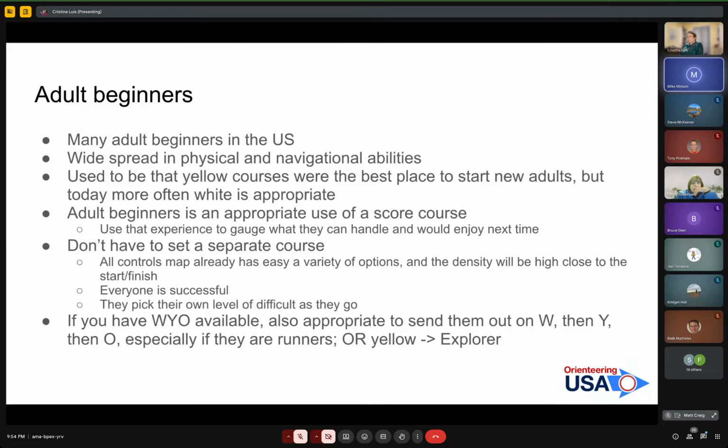It doesn't do code checking, but it tells whether they got 10 or 12 or 14 or however many they found. A couple options to handle that. It is a little bit of a nuisance, let's say, to try and run both a regular event and a score course simultaneously, but we've done it effectively, so it can be done.